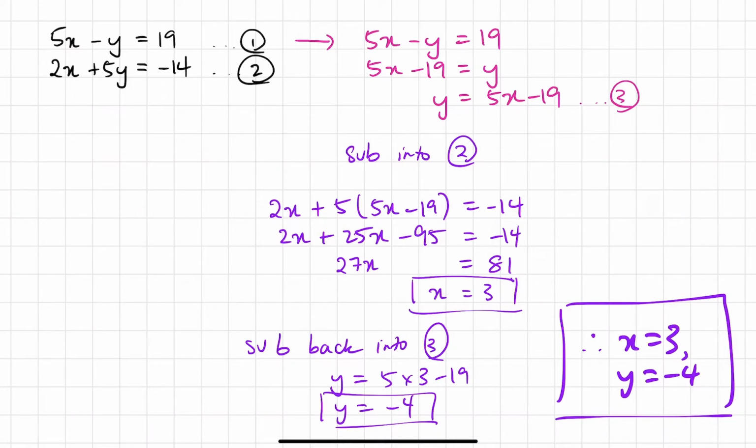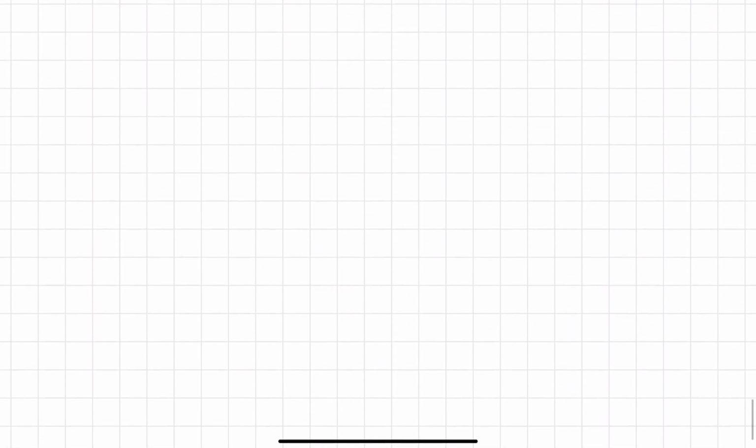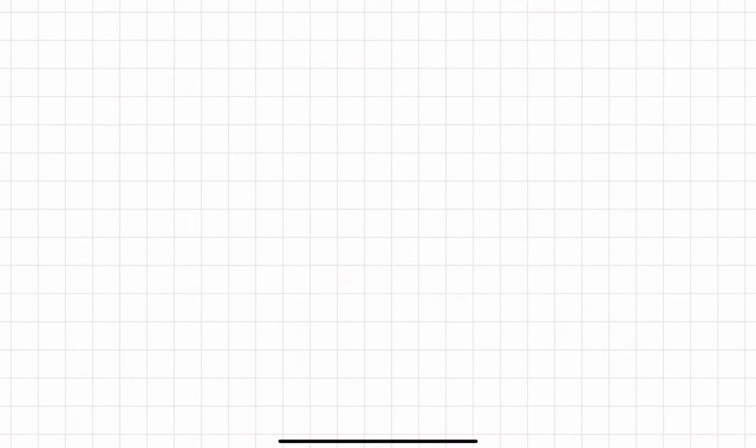Good, so hopefully you understood the difference between the substitution and elimination methods. I'm going to do one more question on substitution, so let's try this one over here. x plus y is equal to 4, and xy is equal to negative 117.